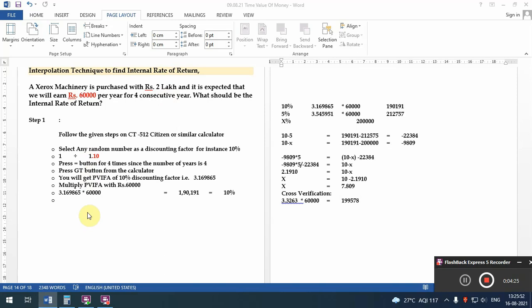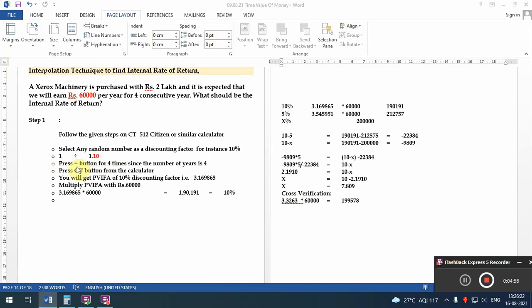Now here the logic is, if you need a figure more than this, then you need to reduce the number from 10. So on the safer side, I have kept a gap of 5%, and I follow the same steps, but instead of 0.10, I do 1 divided by 1.05.